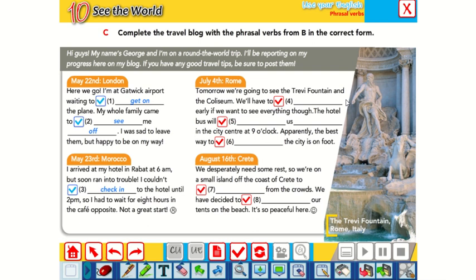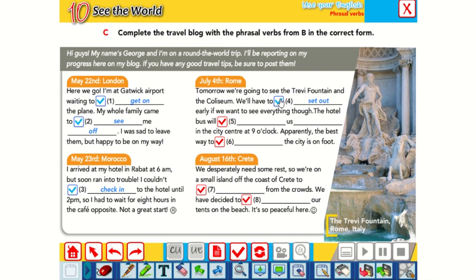So let's just finish the first space. We'll have to space early if we want to see everything through. So what is the correct answer here? Yes, excellent. It is set out. Set out to start the journey, okay? To start our journey, to set out, to start our journey.